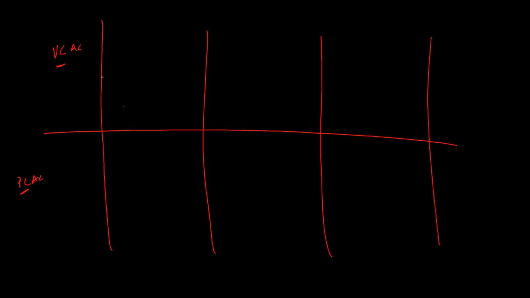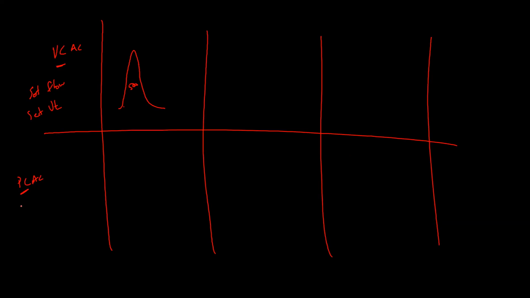Okay, volume control: you have a set flow and you have a set tidal volume. Your breath goes in just like that. We'll call it 500 cc's, and that's what you get.